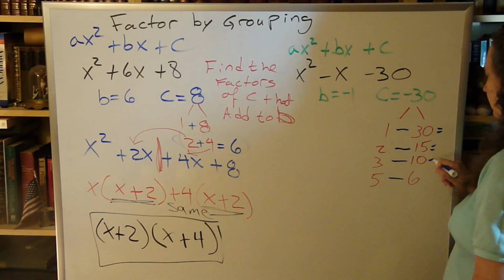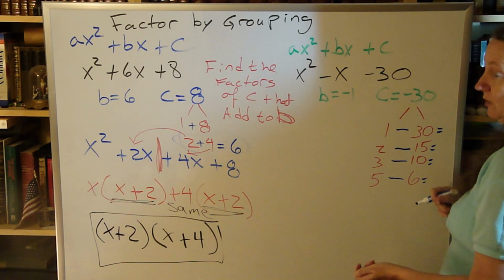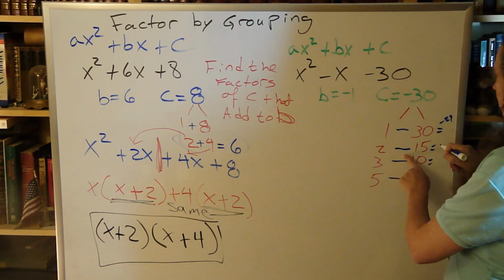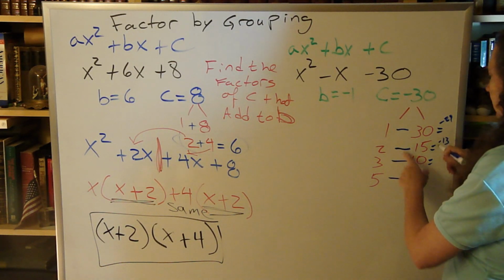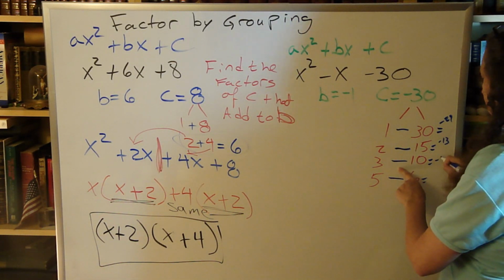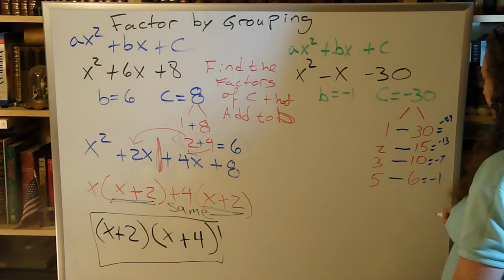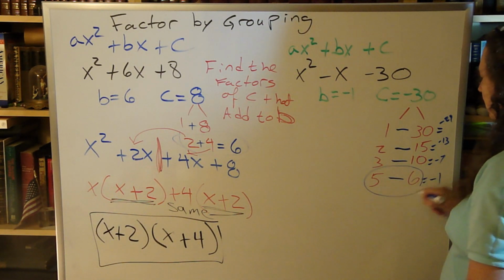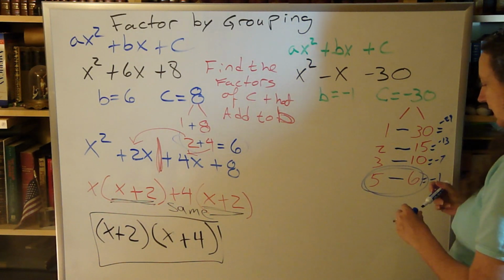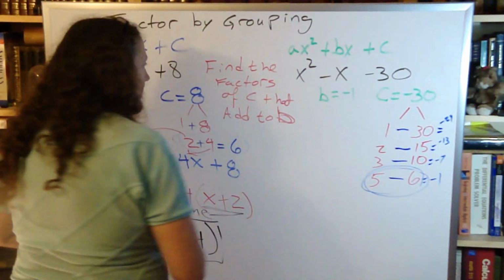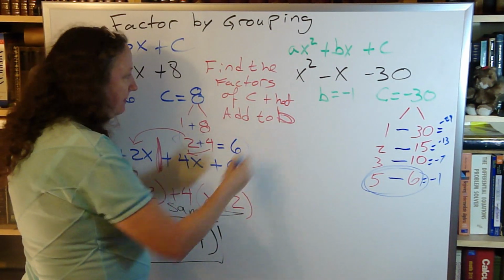Add these together, or rather subtract. I get negative 29, that doesn't work. I get negative 13, that doesn't work. Negative 7, nope, still not there. I get negative 1. So now I know I need to use the 5 and the negative 6. So I'm going to rewrite my problem.